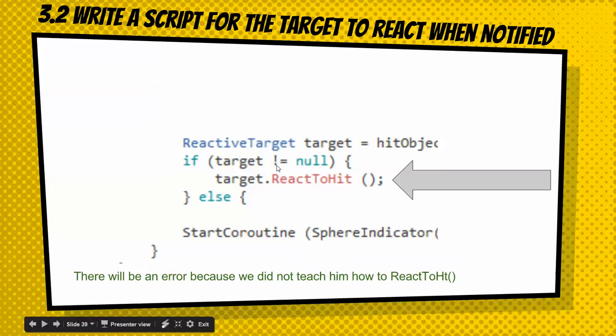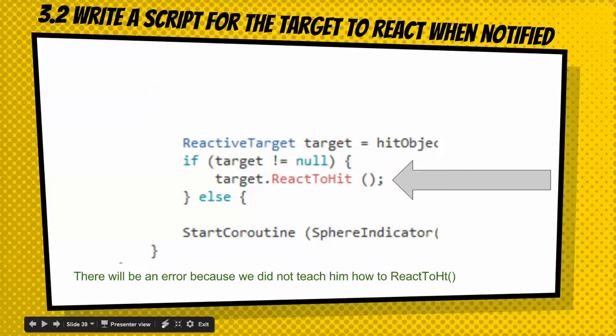Now we're going to write a script for the target to react when notified. We're going to say target.ReactToHit. We're asking him to do this, but he doesn't know how to do this.